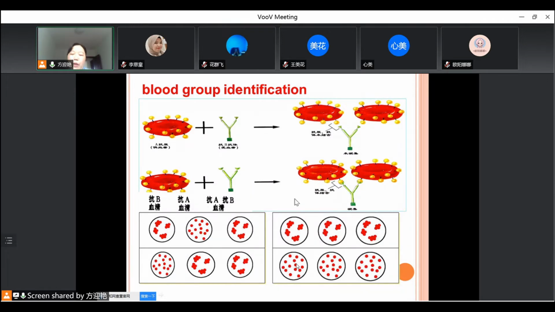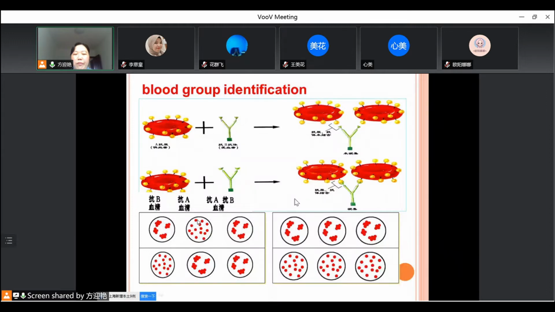So we know that the ABO blood group antigens and antibodies can classify red blood cells into 4 types of blood groups. We know which type of blood group it is and which type of antigens and antibodies it has.